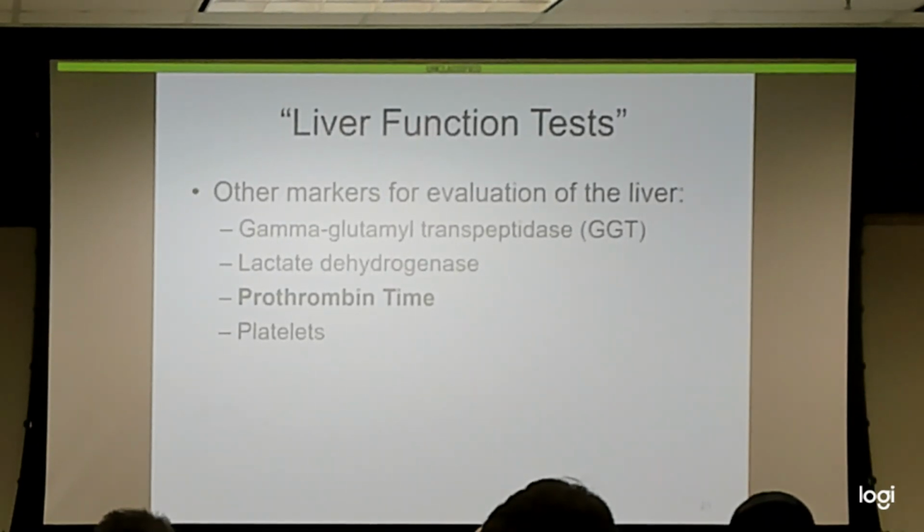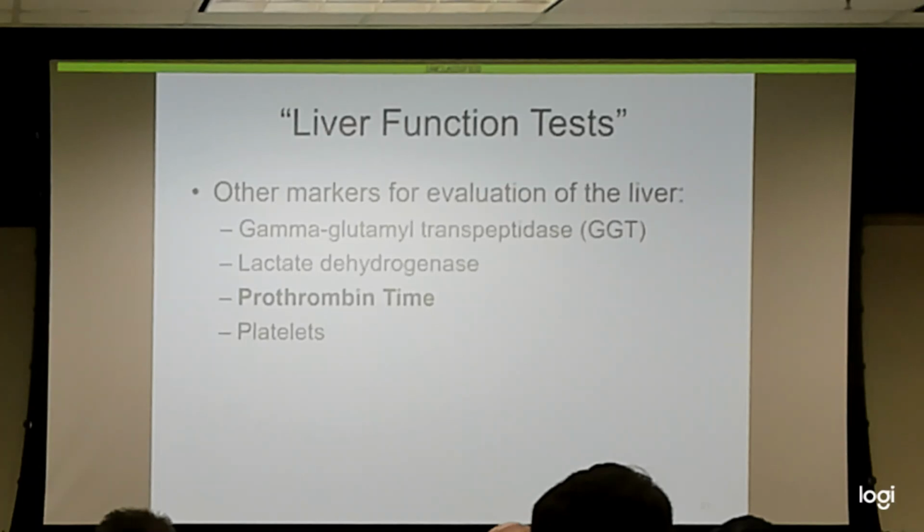But your PT, your prothrombin time, right? PT, PTT, INR, you guys remember your intrinsic and your extrinsic pathways? That's all important to determine what's going on within the liver. So if I don't have that, which factor does the PT affect? 7, right?